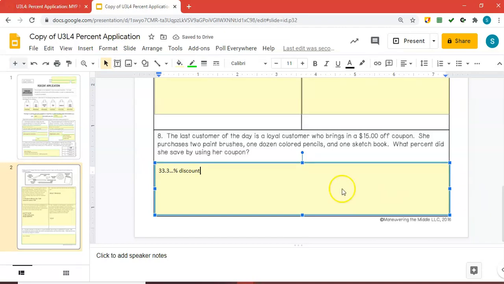Right? So when we calculate all of the things and add up, it cost her $45, and she had $15 off, so 15 divided by 45 is 0.333333333, which is 33 1/3%.